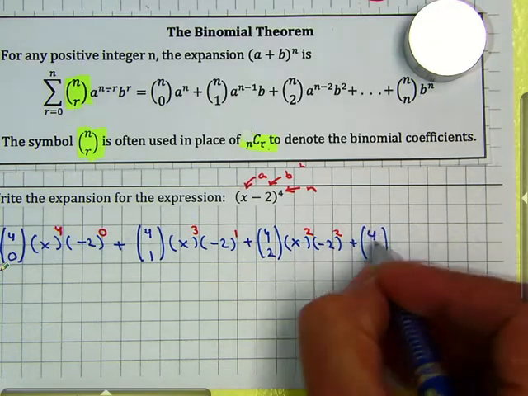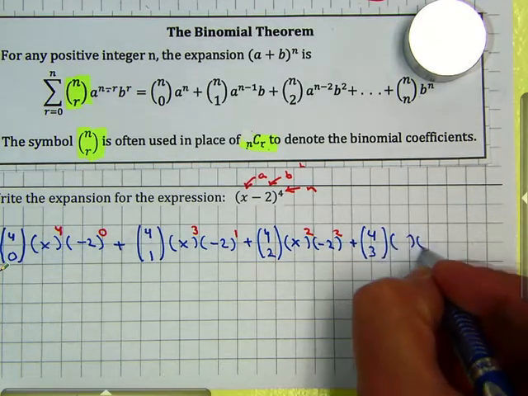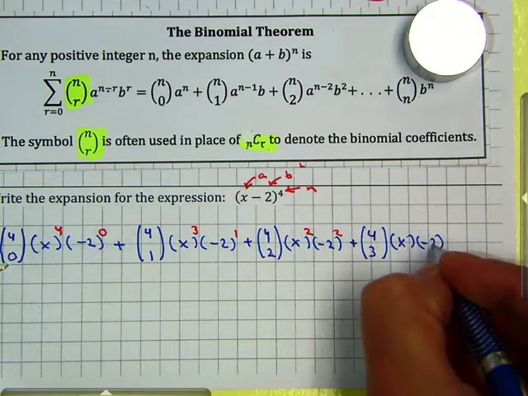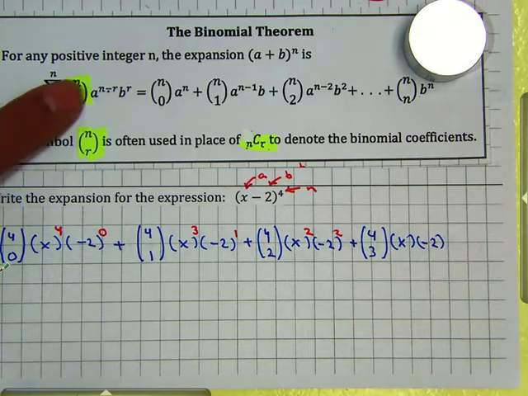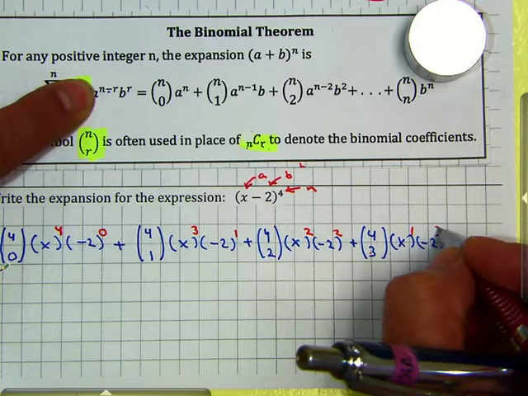4 choose 3, r is now 3, my a and my b, so it'll be x and negative 2. This is n minus r, so 4 minus 3 will be 1, and then my exponent is 3.